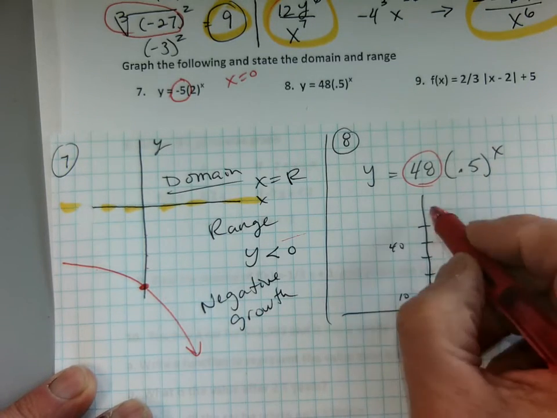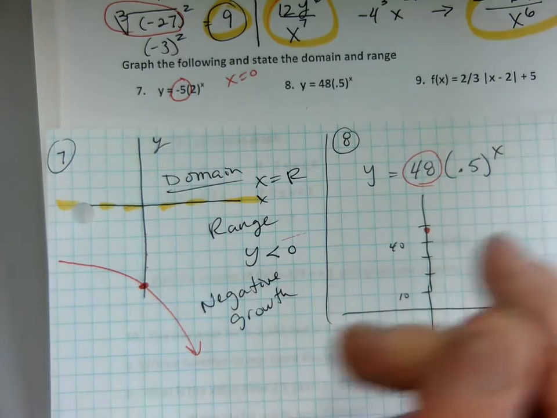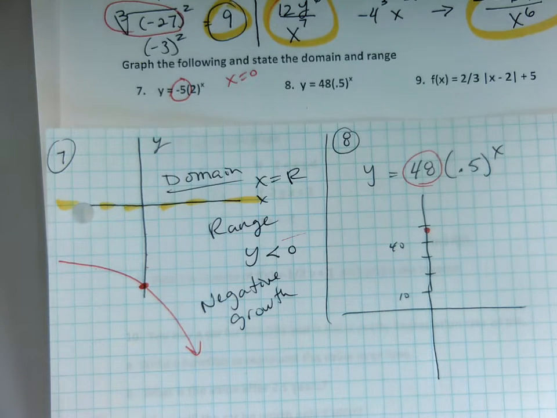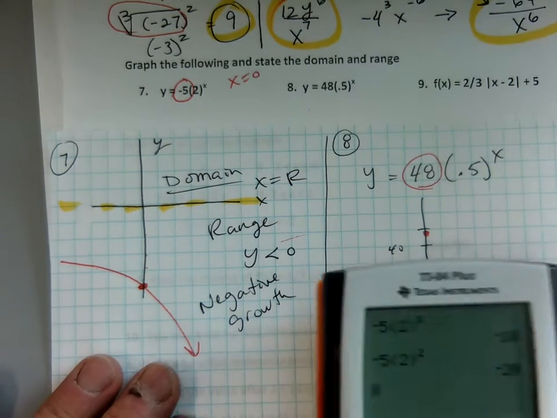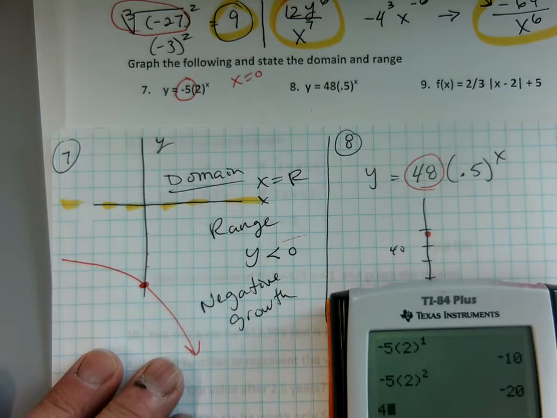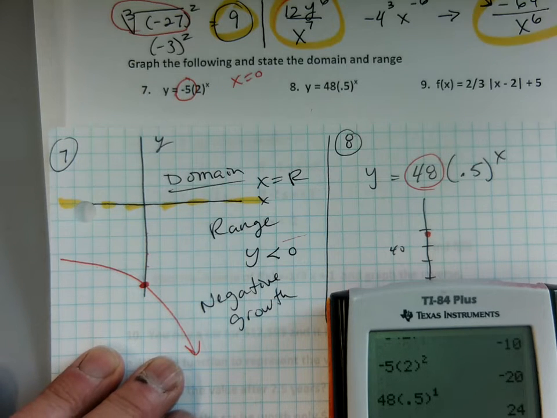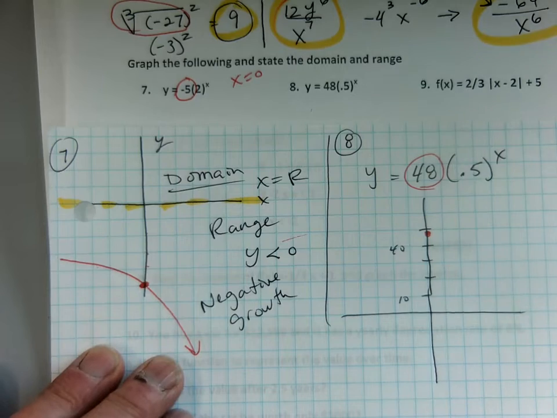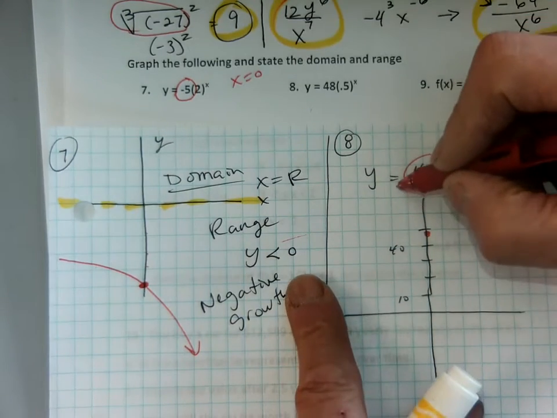Again, I just need the correct shape. I need the y-intercept, the correct shape, and the asymptote. If you're not sure how to do this, you can always use your calculator. I can go 48 times 0.5 to the 1 power, 24. 48 times 0.5 to the 2 power, 12. So actually it's getting smaller, isn't it? So my graph should look like this.